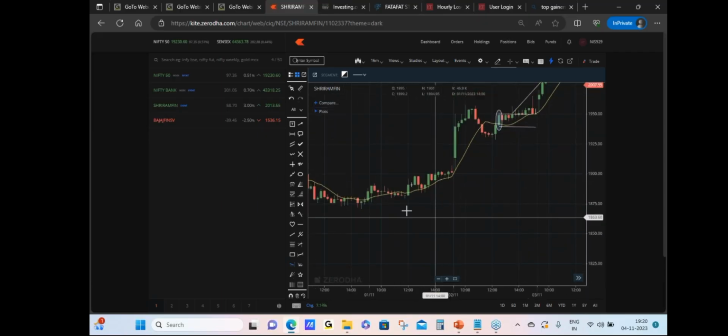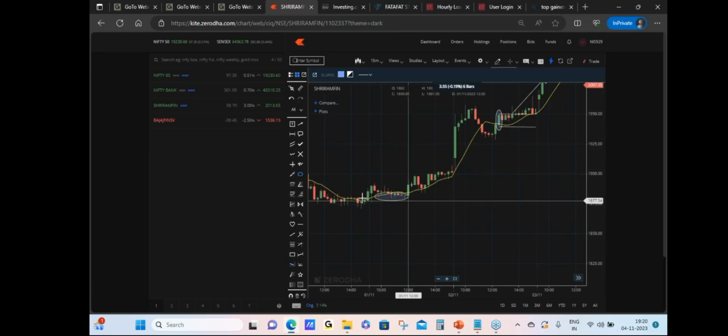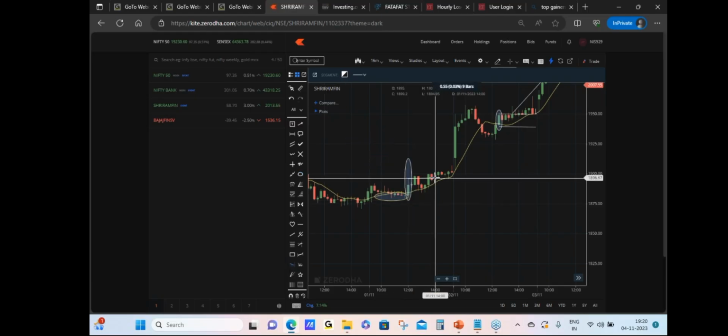Okay, let me take one more example. See, here also there were some candles closing below 10 SMA. After this, can I consider this as my reference candle? Because it closed above 10 SMA compared to the past 4 to 5 candles. So once again, I'll repeat the procedure. I'll mark the high and low of this candle.